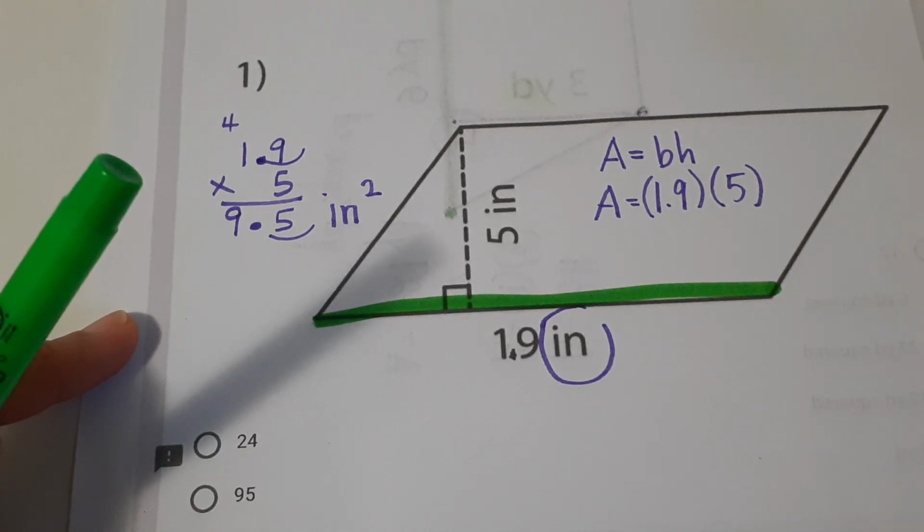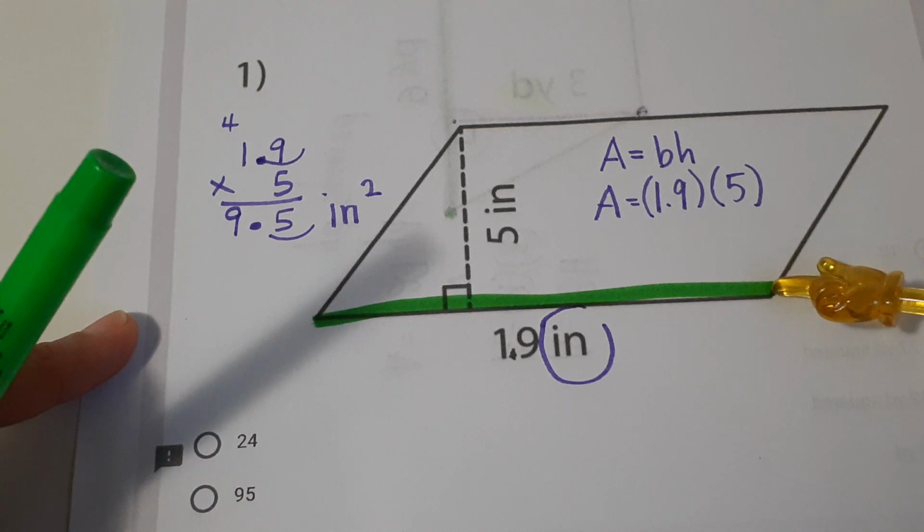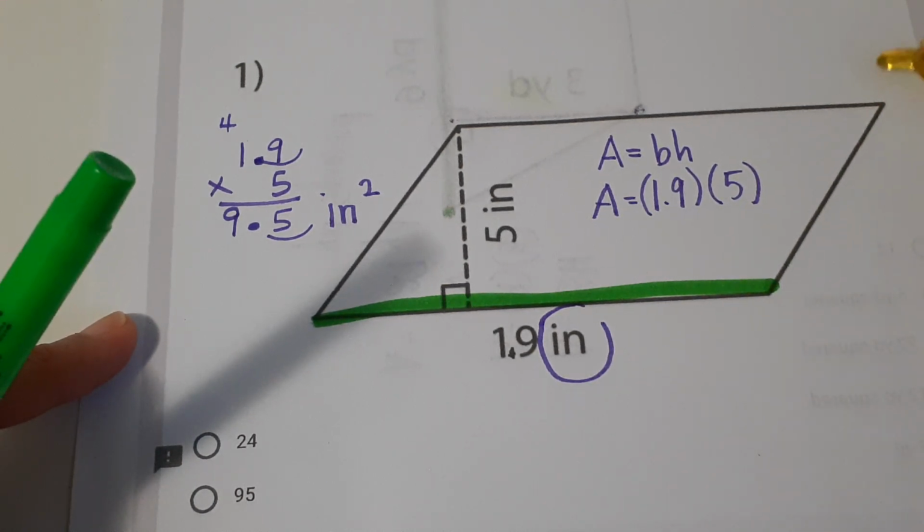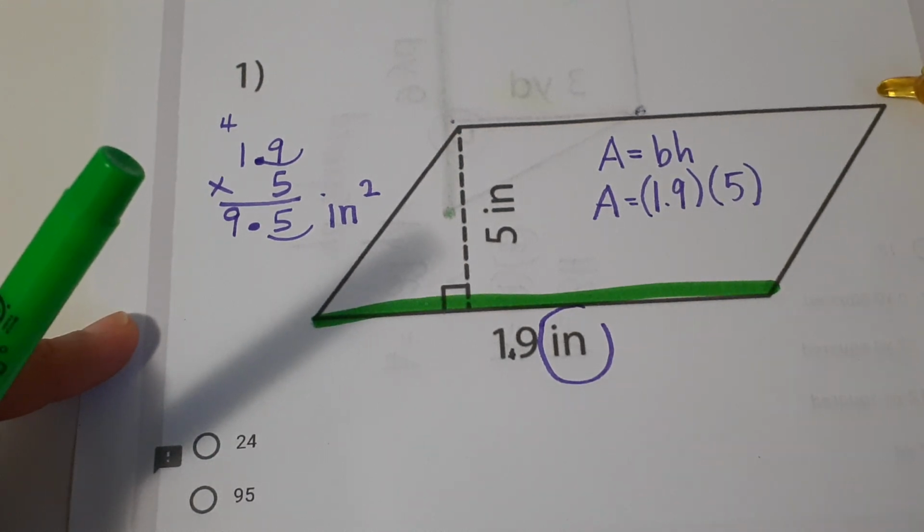A lot of kids confuse this line right here as being the height. But if you think about it, if you're standing on the top of this building and you jump, or okay, let's not do you jumping. There's a ball on top of the building and it's going to fall straight down the building.